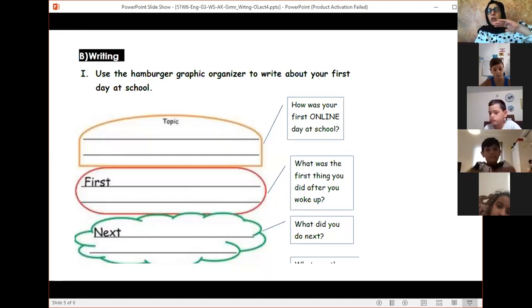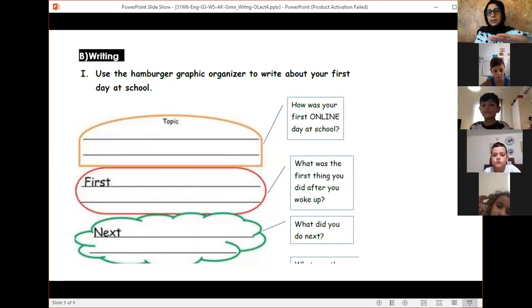In between, you have the tomato, the lettuce, the cheese, and the meat. So these are details. Without the details, the paragraph will not be interesting. Similarly, without all this meat and tomato and lettuce, the sandwich will not be tasty. So that's why we need the details. That's why we need the topic sentence, and we need also the bottom one.